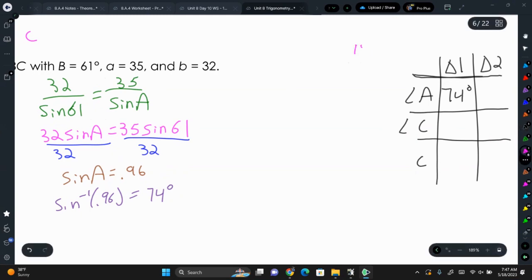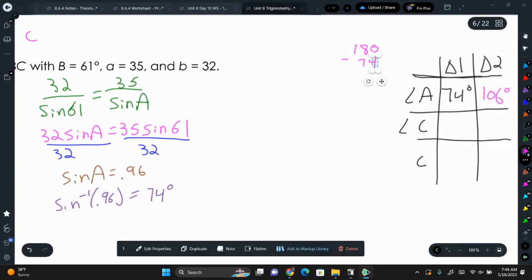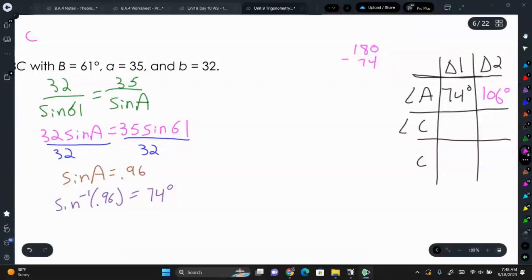So then we need to do 180 minus 74, and that will get us 106. And then we can figure out what angle C will be in both triangles.